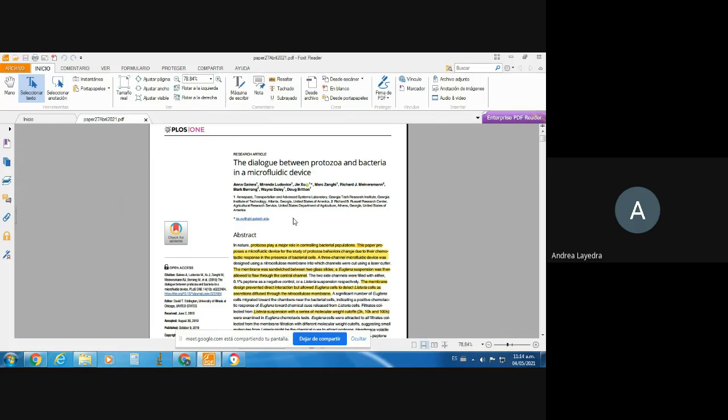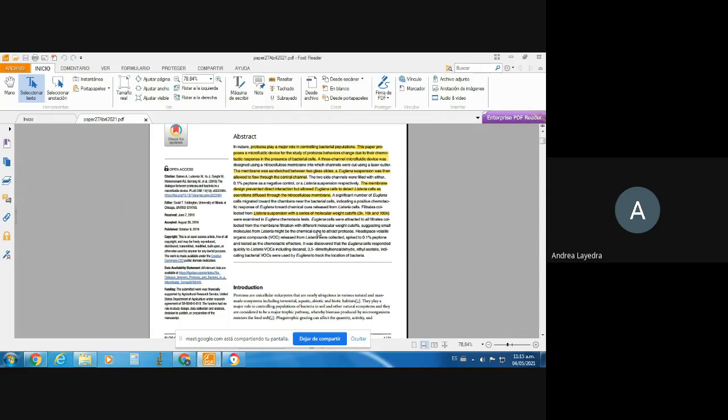This article proposed a microfluidic device for the study of the behavior change of protozoa due to their chemotactic response in the presence of bacterial cells. In addition, the volatile organic compounds, or VOCs, produced by bacteria, in this case Listeria, were identified by mass spectrometry to determine their actions against Euglena.